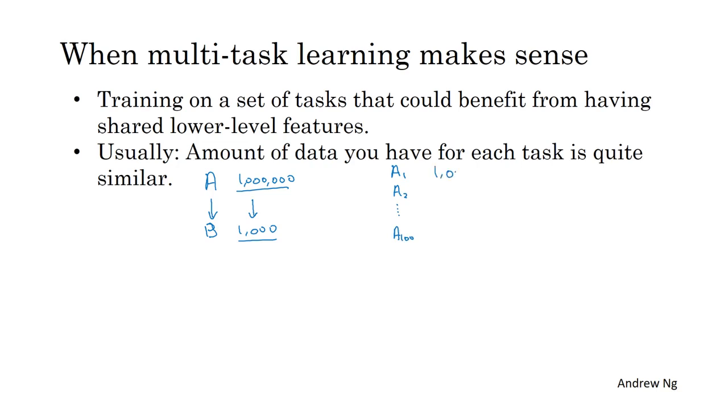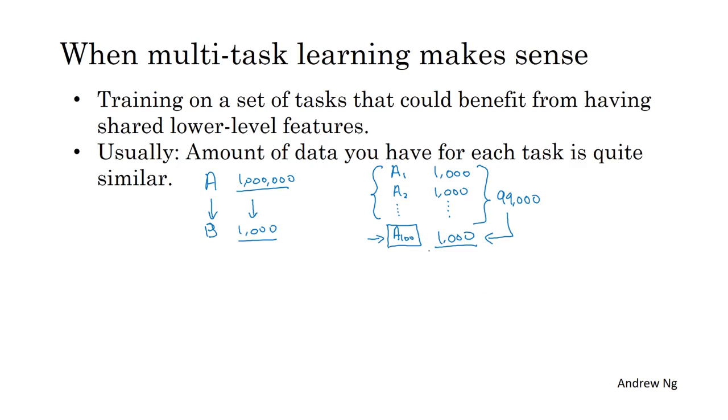So what you might find is that you might have 1,000 examples per task. And so if you focus on the performance of just one task, let's focus on the performance on the 100th task, which we're going to call A100. If you had trained to do this final task in isolation, you would have had just 1,000 examples to train on this one task, this one out of 100 tasks. But by training on these 99 other tasks, these in aggregate have 99,000 training examples, which could be a big boost, could give a lot of knowledge to augment this otherwise relatively small 1,000 example training set that you have for task A100.